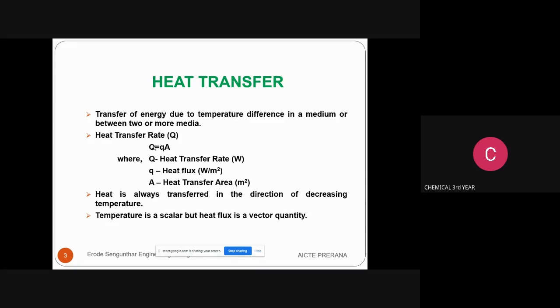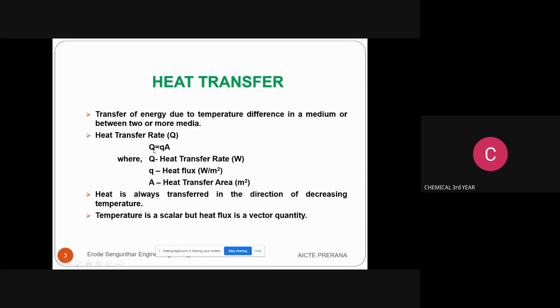Same as this, mass flow rate is how much mass is passing per unit time at that particular point, right? So here also, heat transfer rate is how much heat is passing per unit time. Okay, so that is your capital Q.